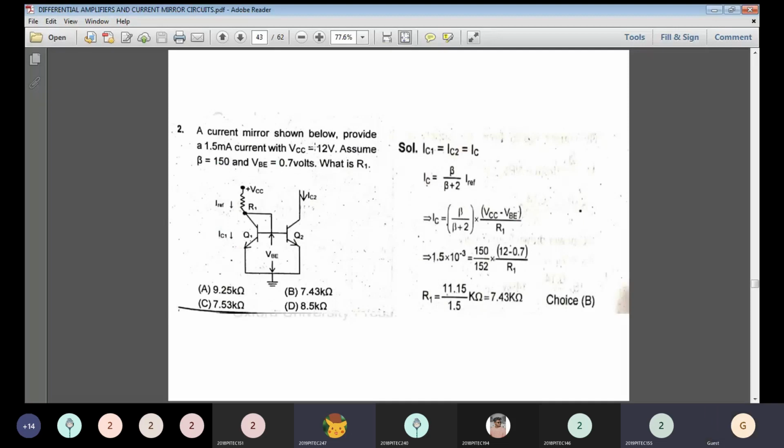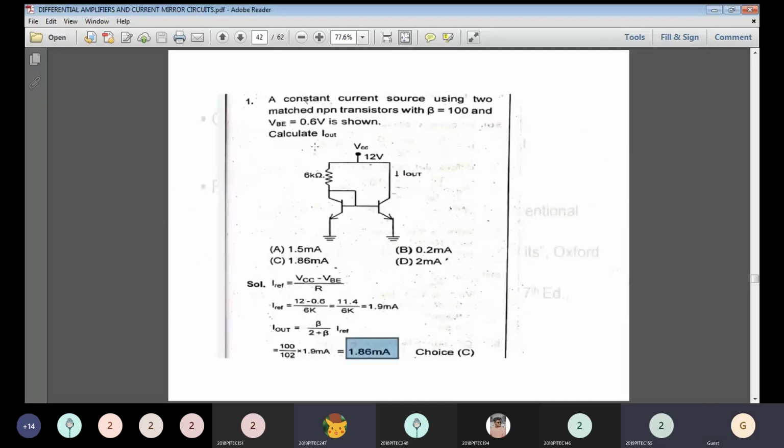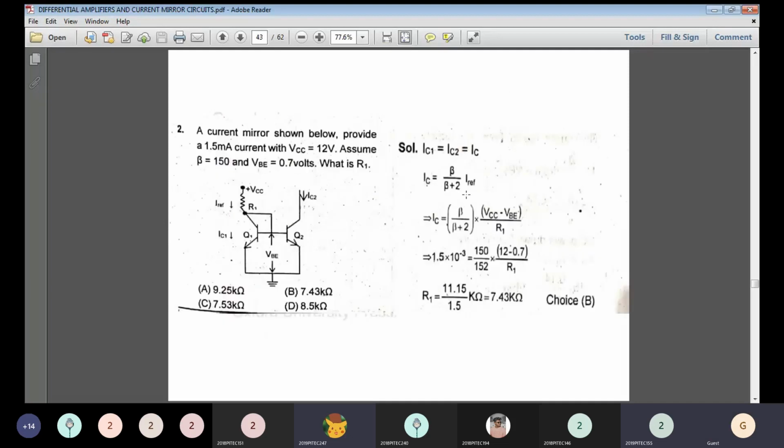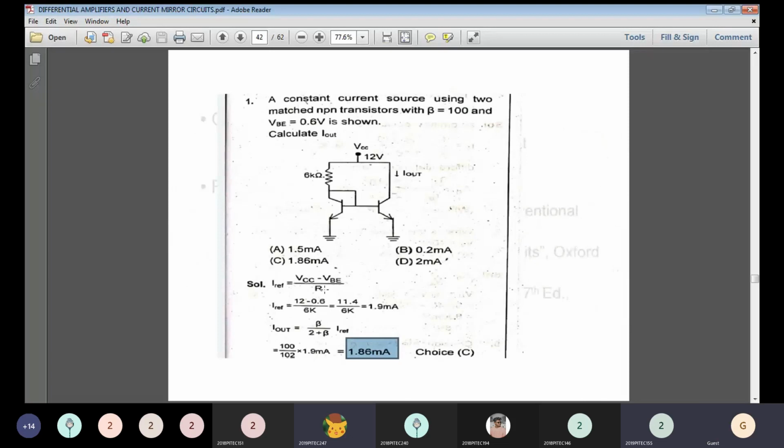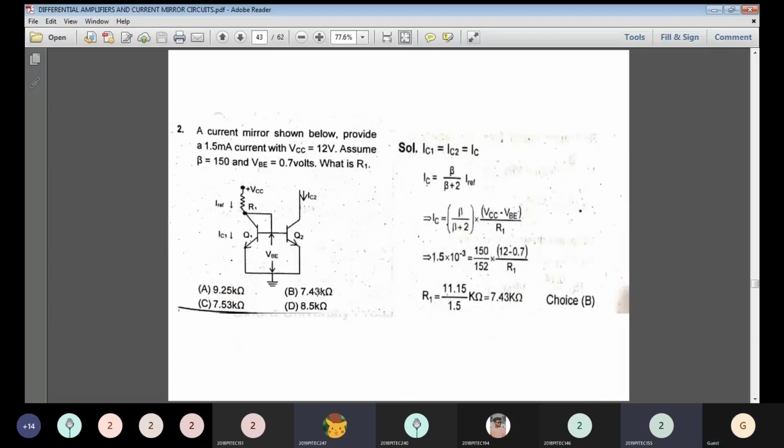Again the formula we used here is the same: I out is equal to beta divided by beta plus 2 times I reference. What is I reference? The same formula, VCC minus VBE divided by the resistance R. So this R1 is what we need to calculate, and you can put R1 instead of R here.